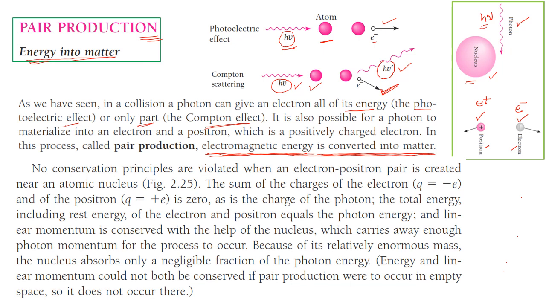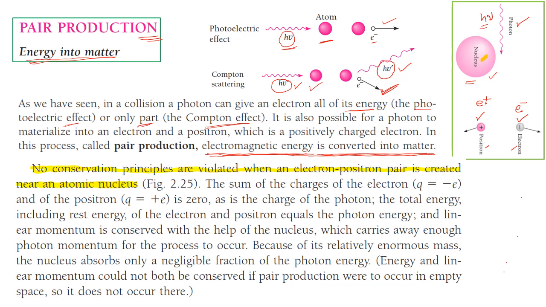As you can see, no conservation principle is violated when an electron positron pair is created near an atomic nucleus. This is an important part of this process. If this nucleus is not there, then there will be a violation of conservation principle. We will see it later.